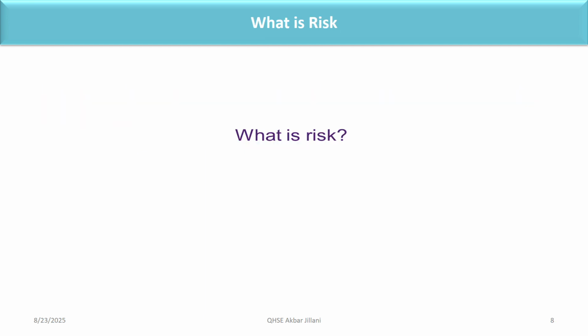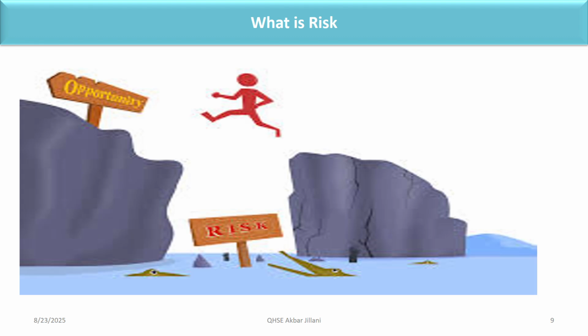Now what is risk? Now see, he is jumping from one place to another place. So this jumping is the activity, and the distance from one to another is the hazard. Once he falls down, he will get injury, or broken bones, or disability, or will die. So it's a risk to jump from one place to another.